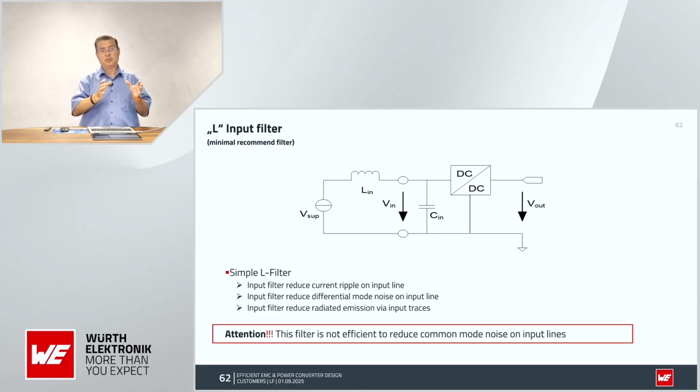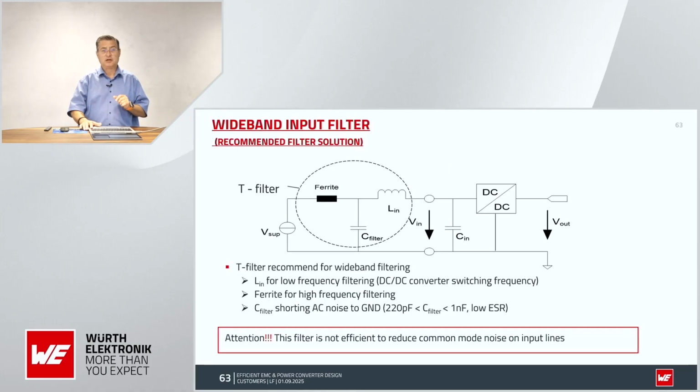This is the minimum, but you can put a small inductance. If this inductance is not enough, you can put another ceramic capacitor and a small ferrite bead, 100 to maximum 300 ohm. I never exceed a 300 ohm ferrite bead. Normally, the ferrite bead's impedance is measured in a 50 ohm system impedance. On the input of a DC-DC converter, it is never 50 ohm.